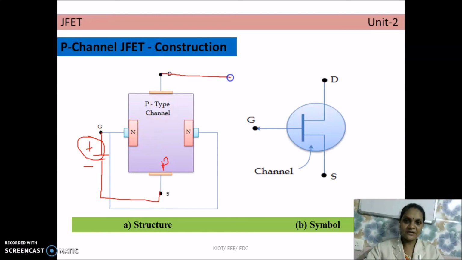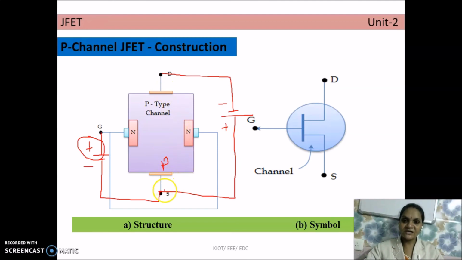Similarly on the drain side, in the previous case we kept the drain positive, and now VDS is negative here, and the positive terminal we have to connect to the source terminal. This is because if we connect like this, then there will be attraction. The P type majority carriers, the holes, will be moved towards the negative terminal, and repelled from the positive terminal, so more holes will be repelled towards the drain terminal.